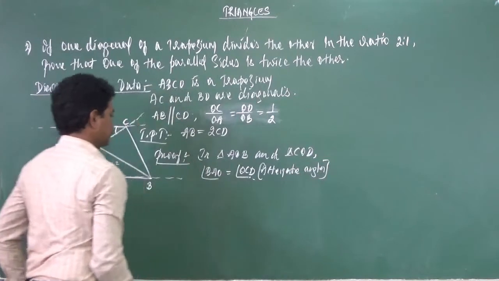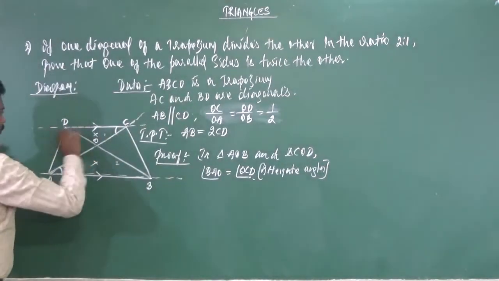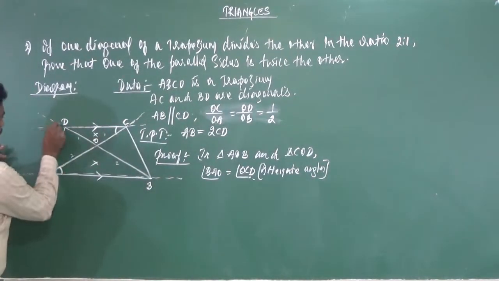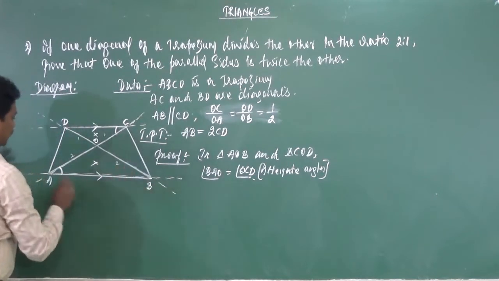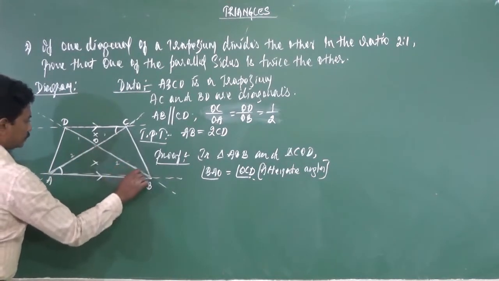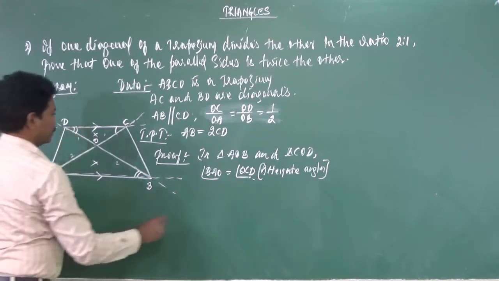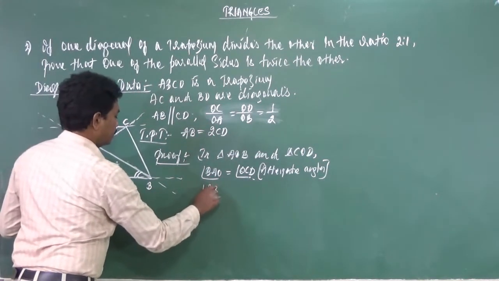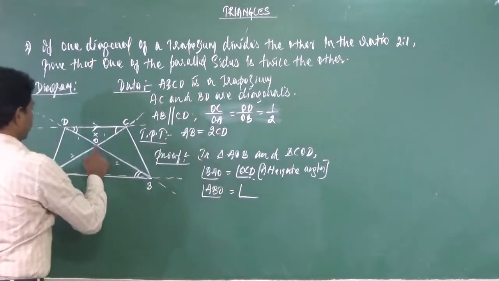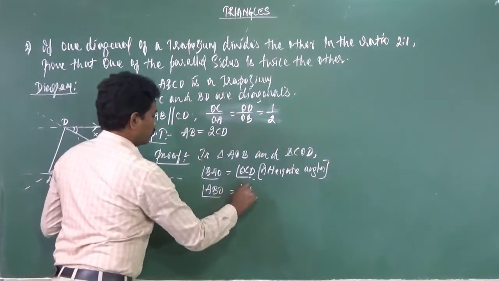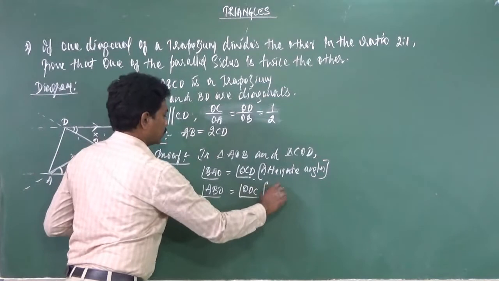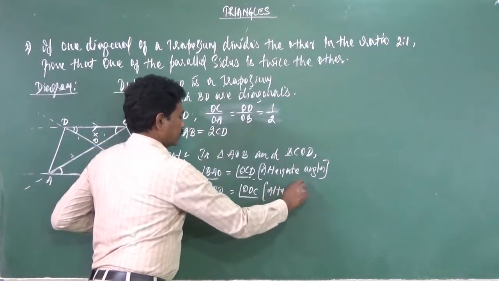Again, if you consider these two lines are parallel and this as the transversal, then angle ABO is equal to angle ODC. Reason is alternate angles.